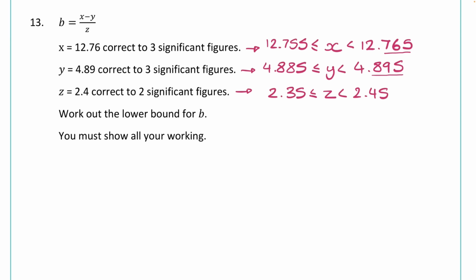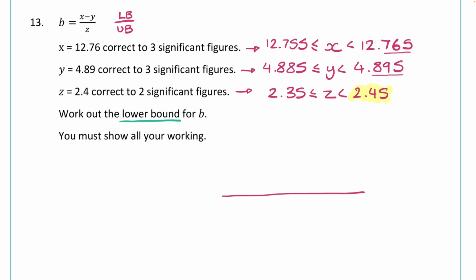Now we just need to think logically. This question wants me to get the lower bound, which means it wants me to create the smallest possible answer. Now to get the smallest possible answer with a fraction, we want the smallest number on the top and we want to divide by the biggest possible number. Now that means on your denominator here, we want the biggest possible z, which is going to be the 2.45.